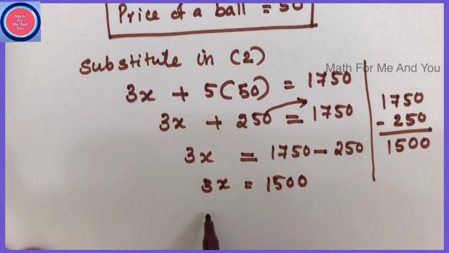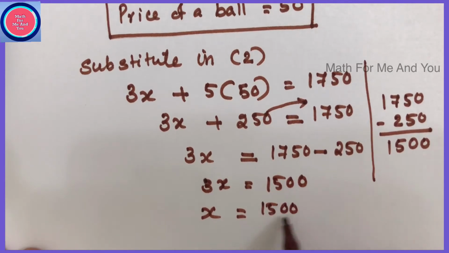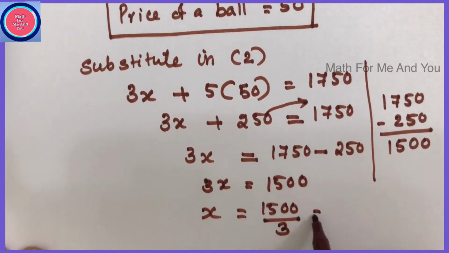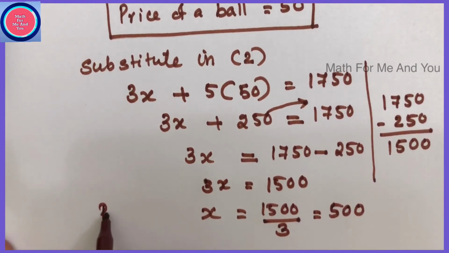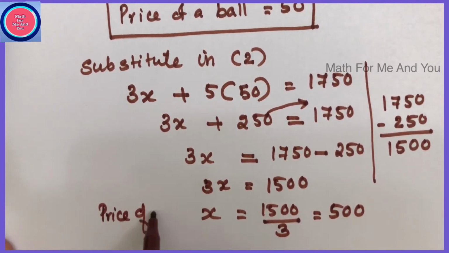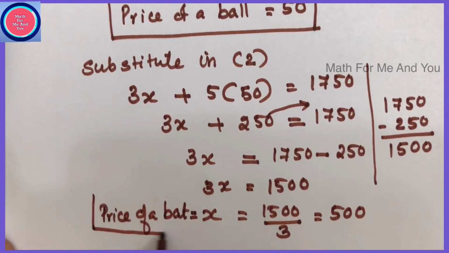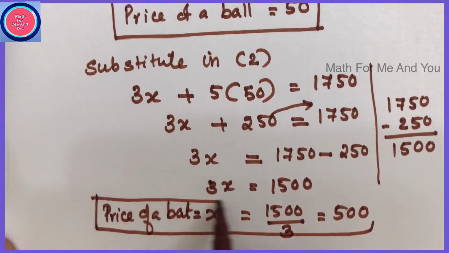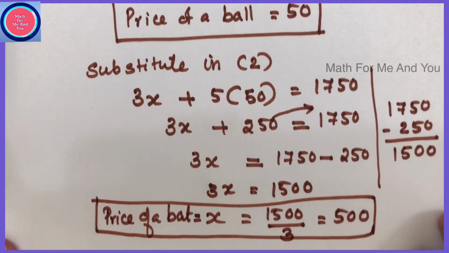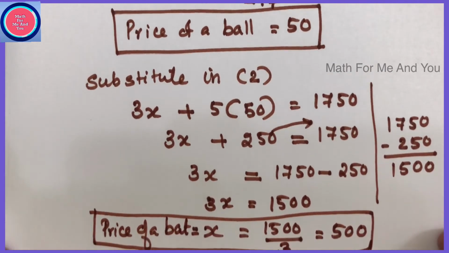Divide by 3. x is equal to 1,500 over 3, which is 500. What is x? x we have taken as the price of a bat. So we got the price of a bat, that is x, is equal to 500, and the price of a ball is equal to 50.